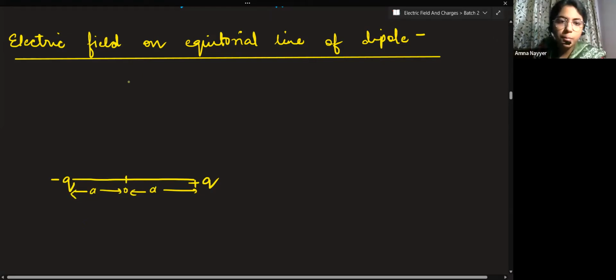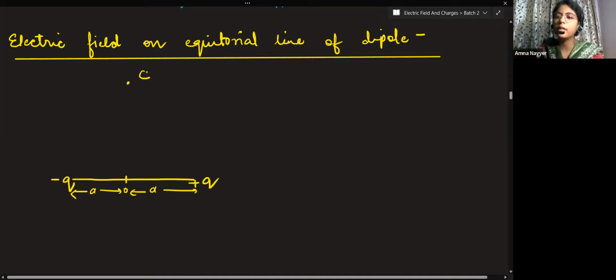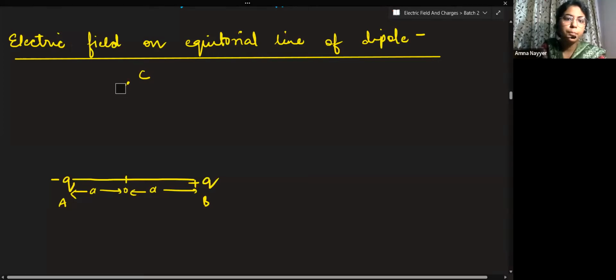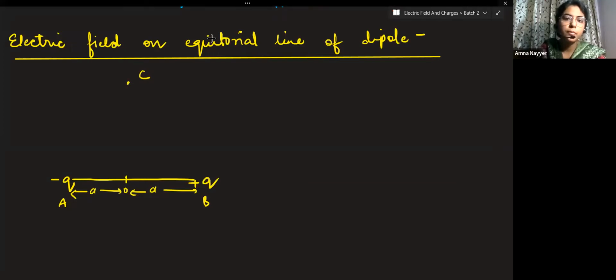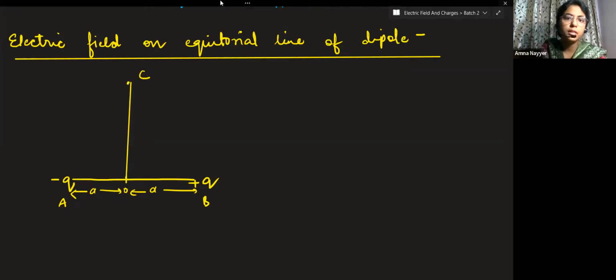If you are given a point on the perpendicular bisector of the dipole, like this point, let's say this point is A, this point was B, this point C, then you have to keep in mind this is the case of equatorial line. Means from this point you can see the perpendicular separation from here as well.